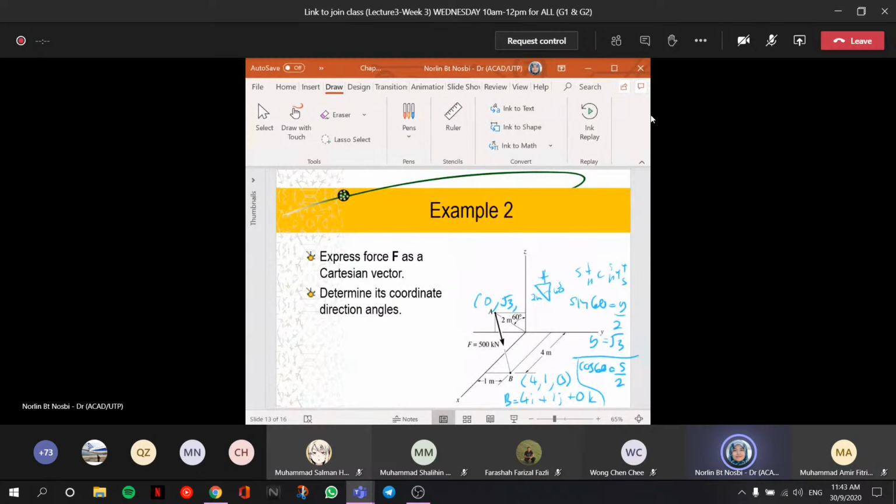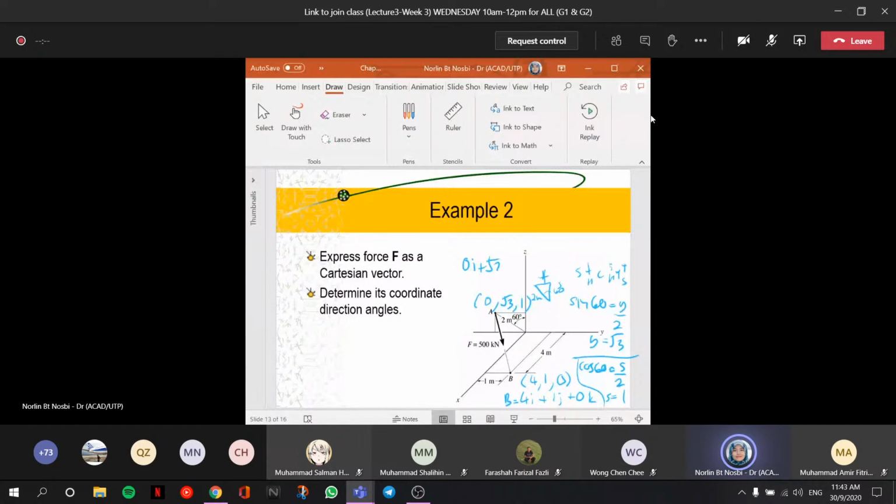So 0, root 3 and 1. This is the coordinate for A. You need to change it into a Cartesian vector, so the position vector would be 0i plus root 3j plus 1k. So now you know A and B.